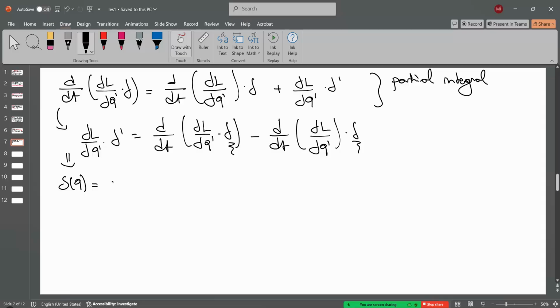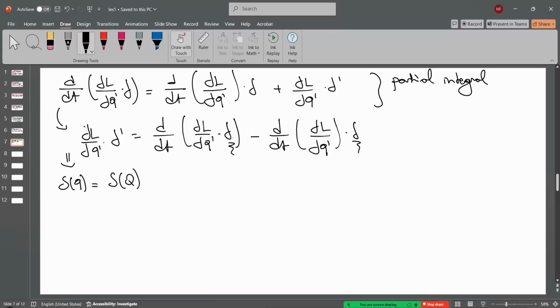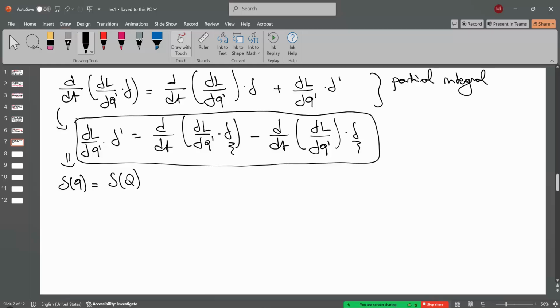S of Q is equal to what? S greater Q, because it's coming from this minimum value, right? Because this is the what? The summation form of these terms, and so we can separate this integral into this one. And after that, we need to use this equation into the what? Into the Taylor expansion form in here.